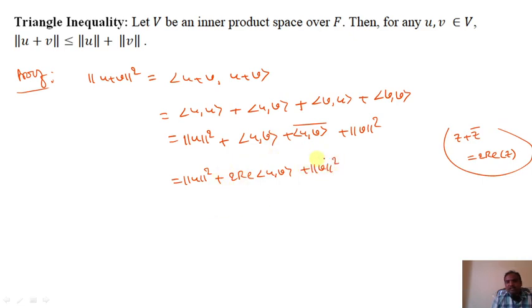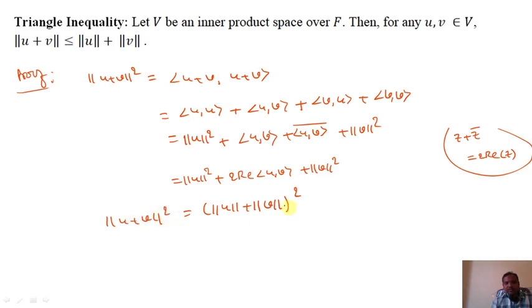So this all are real parts. Because this norm is length, a real number. This is also a real number. This one you can write 2 into a real number, the inner product u comma v. This can be written as norm of u plus norm of v whole square. But this is the same as norm u plus v whole square.